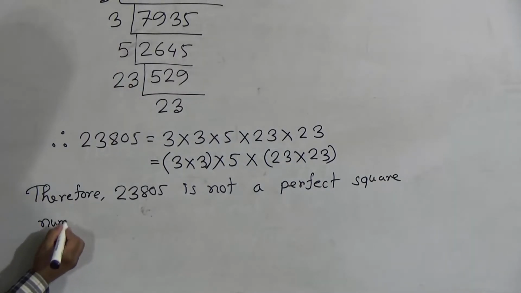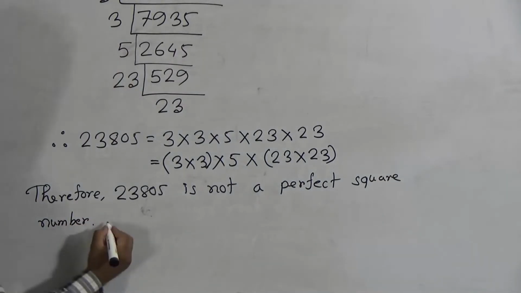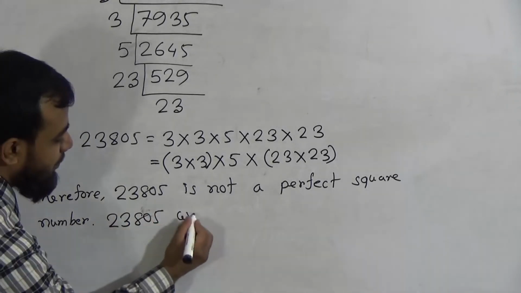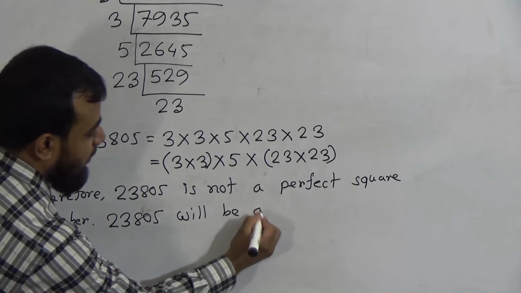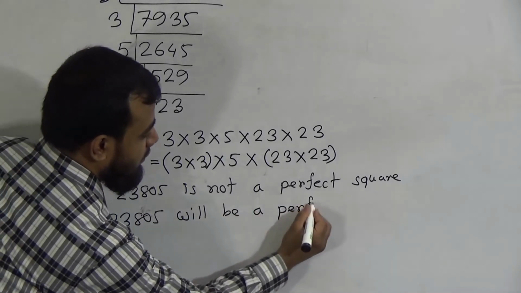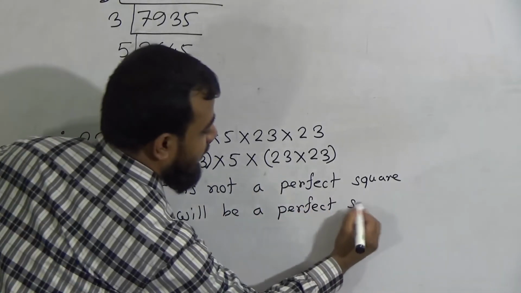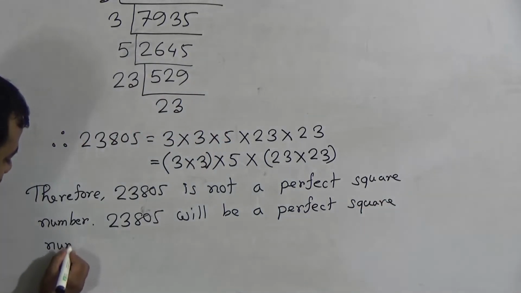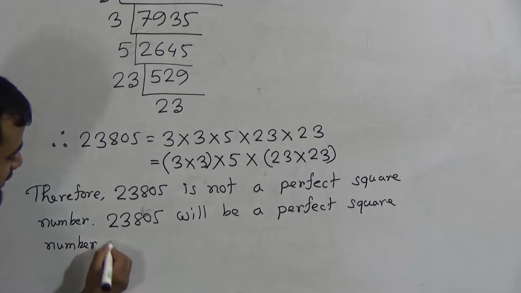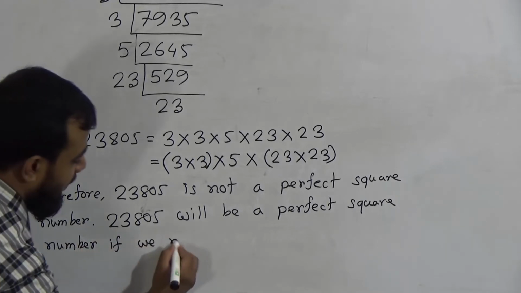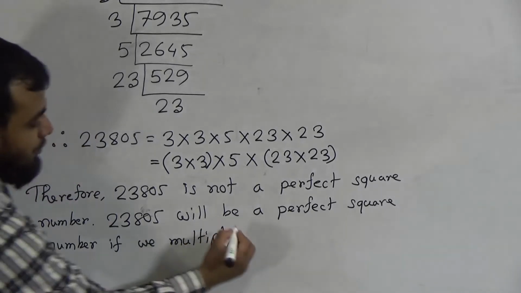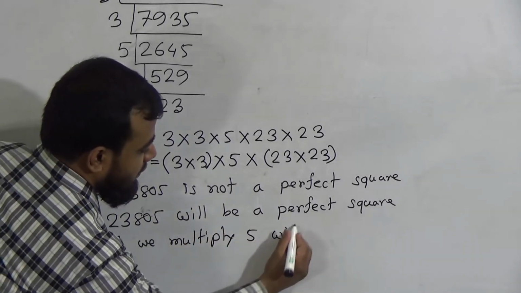Okay, the number 23,805 will be a perfect square number if we multiply 5 with it.